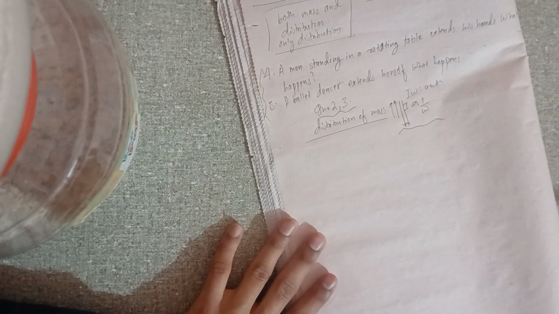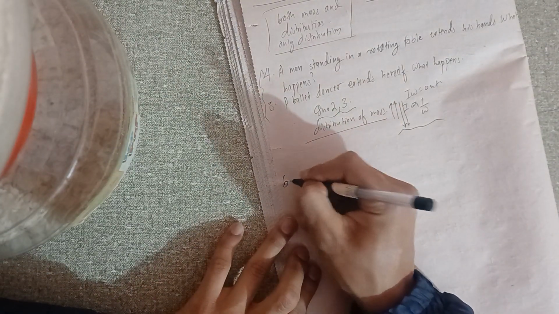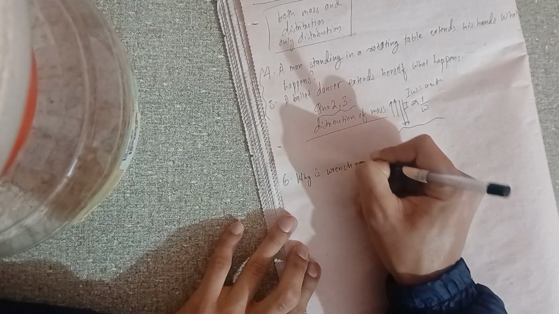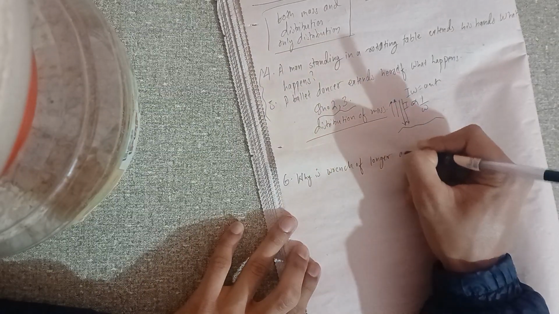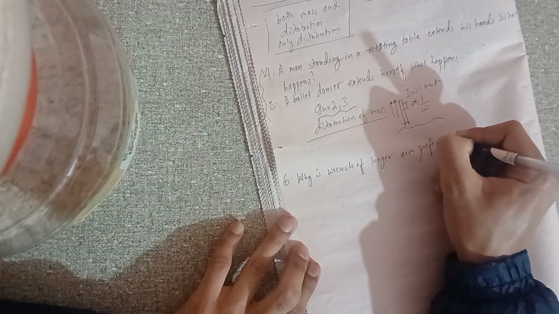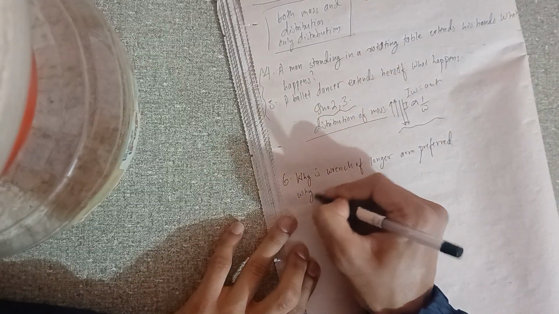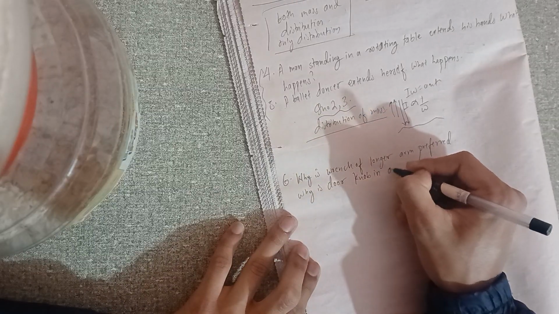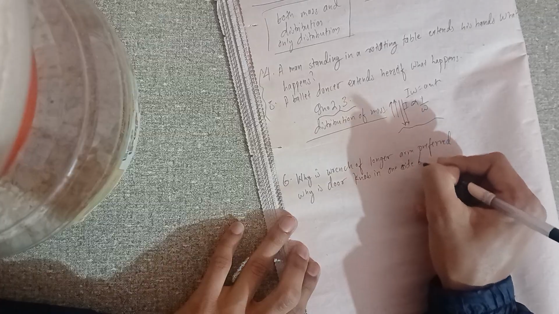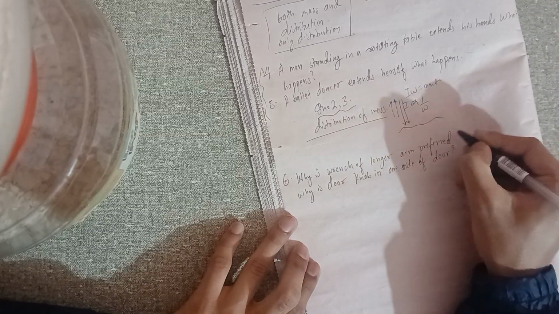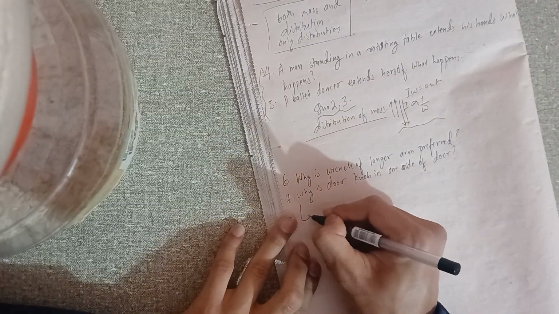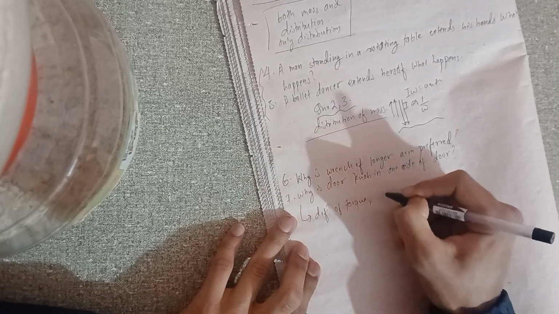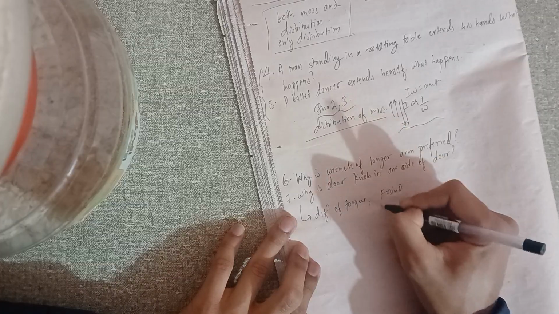Now we have the last type of question, and that is why is the range of a longer arm more, and why is the door opened from one side. These both can be answered by the definition of torque, which is F r sine theta or F r.